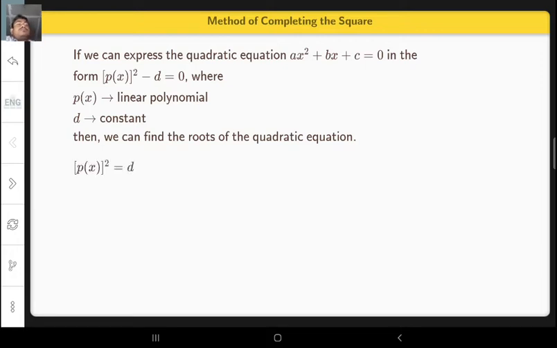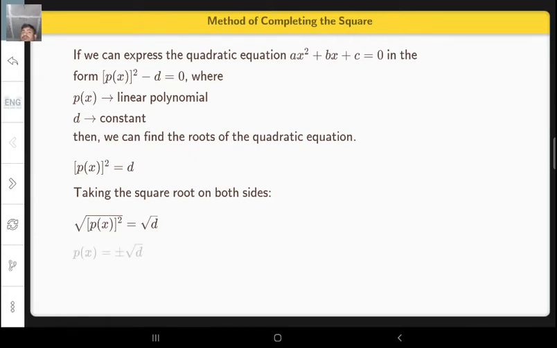Consider (px) squared is equal to d. Taking the square root on both sides, we get square root of (px) squared is equal to square root d. On simplifying it, we get both the positive and the negative square roots on the RHS. px is equal to plus minus square root d.